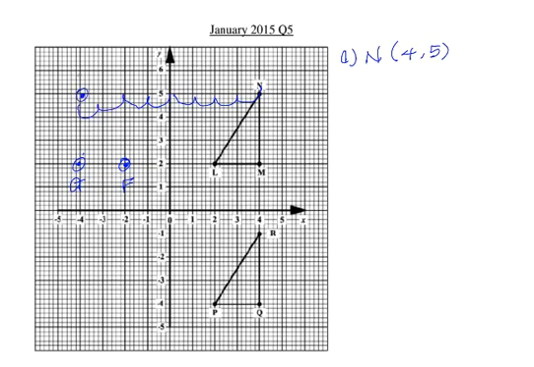So here is where we have H. We can just erase these lines. They're not supposed to be there. Once we have reflected all the vertices, we'll simply connect them using a ruler.